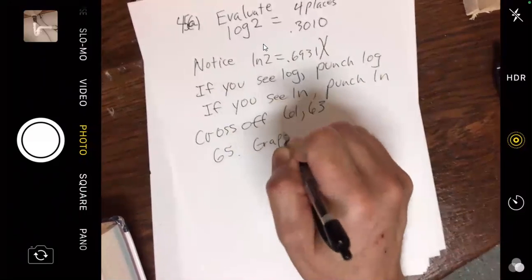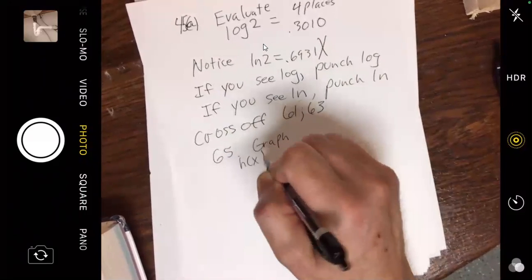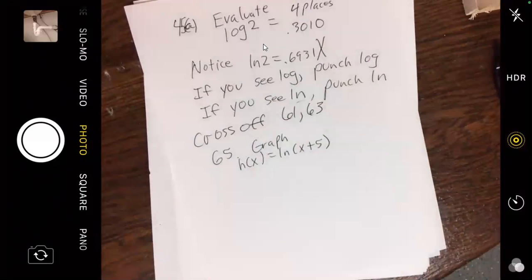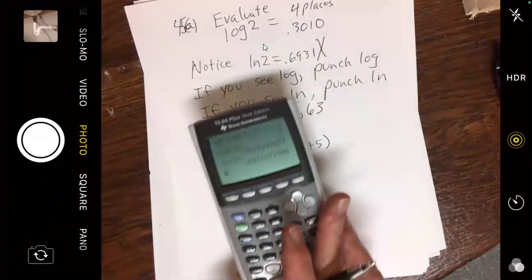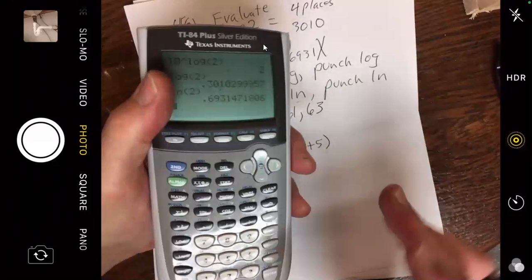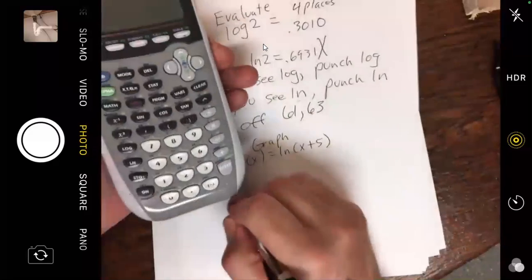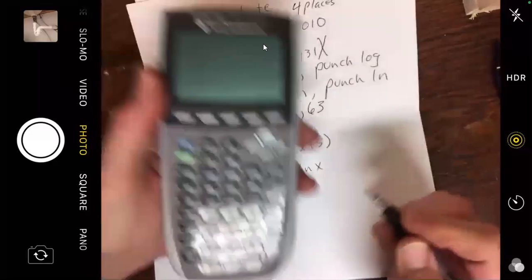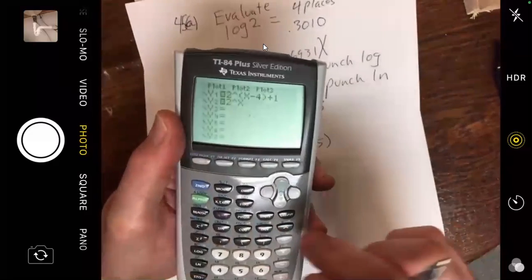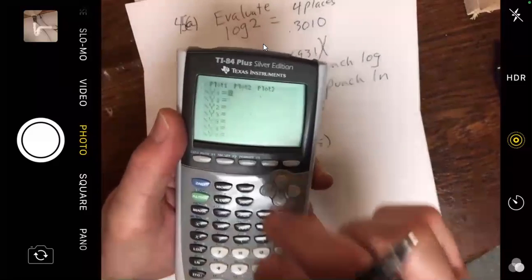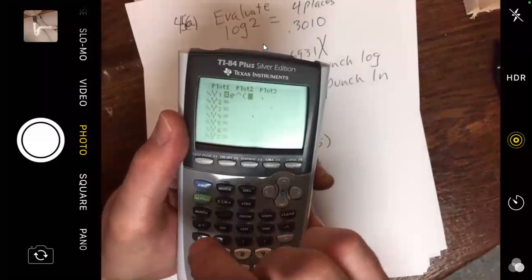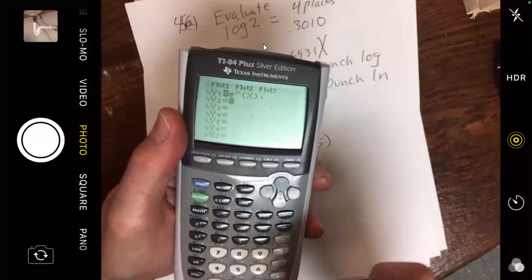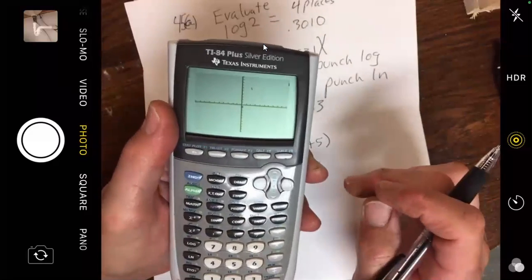All right, let's try 65. Graph h of x equals ln of x plus 5. Let me compare it to a straight ln. In fact, graph ln of x, and e to the x, to make the point about it. Anybody remember?